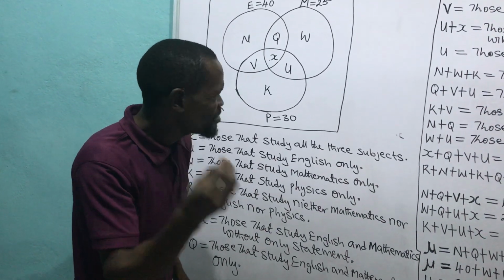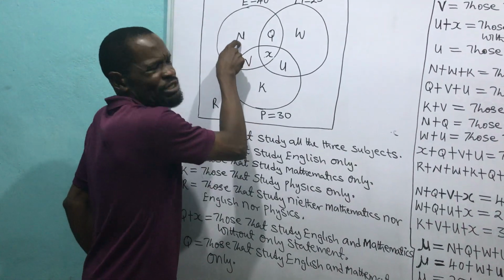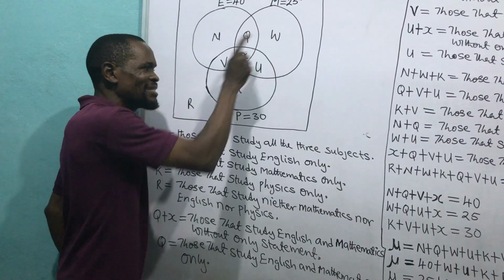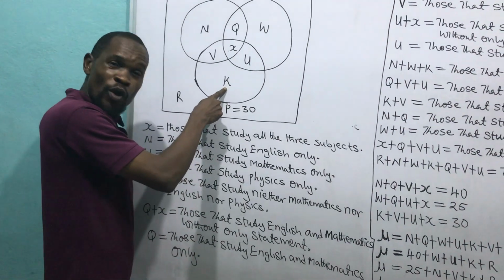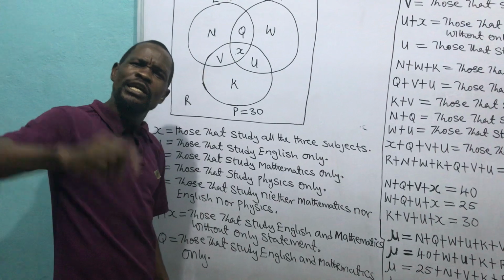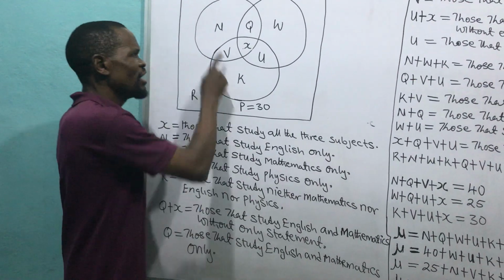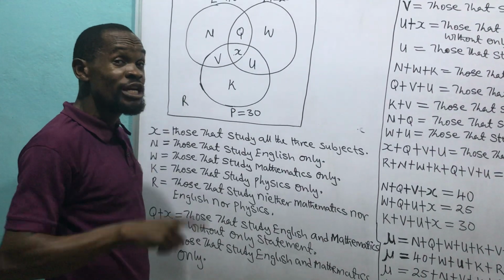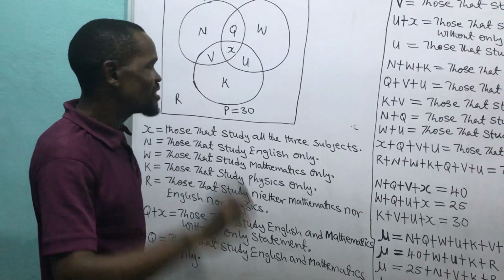They study one subject, exactly one subject. This man is offering only English. This man is offering only mathematics. This man is offering only physics. So if I'm asked those that study exactly one subject, it becomes this man plus this man plus this man.